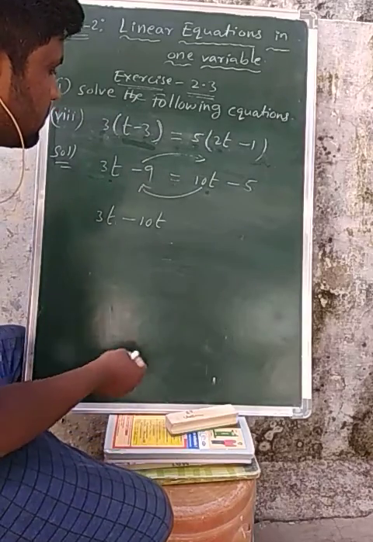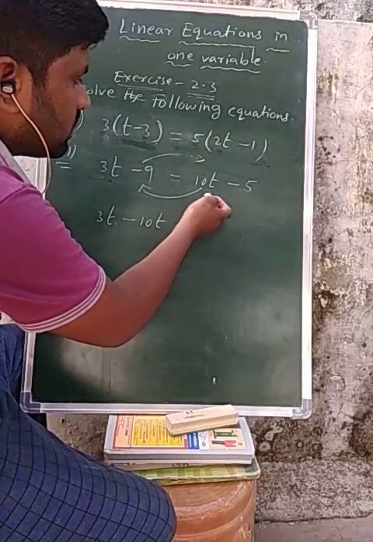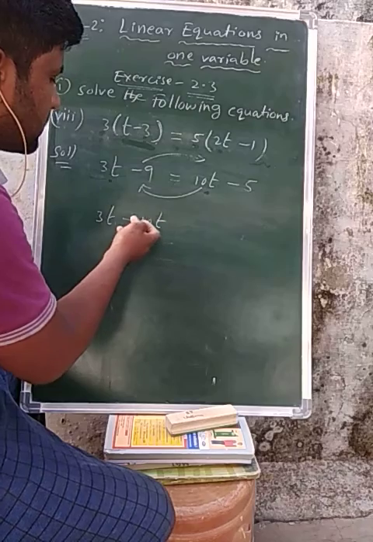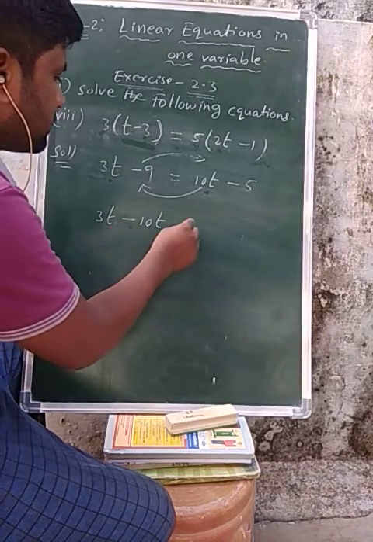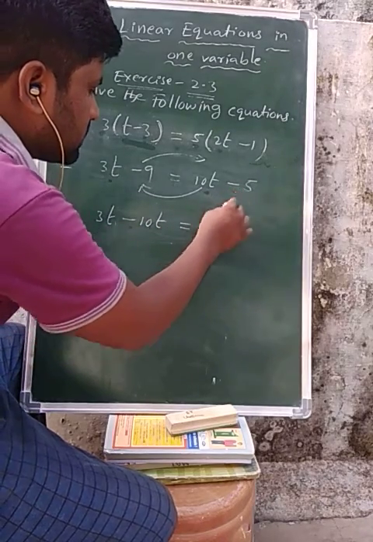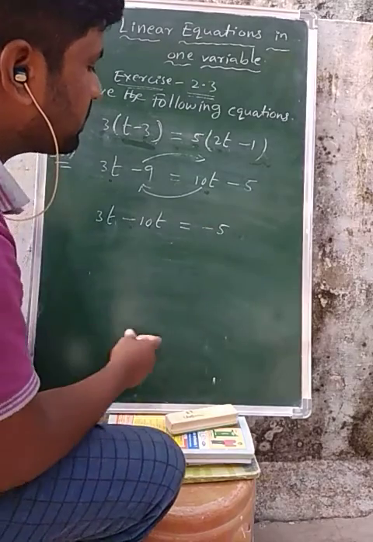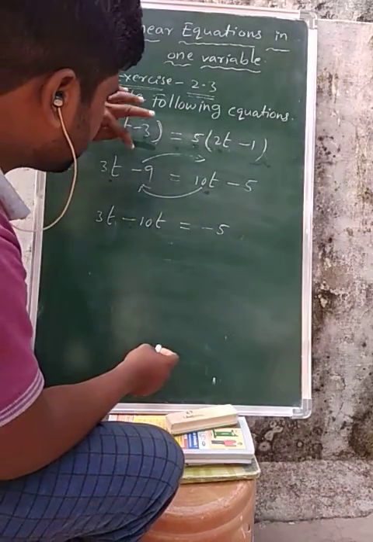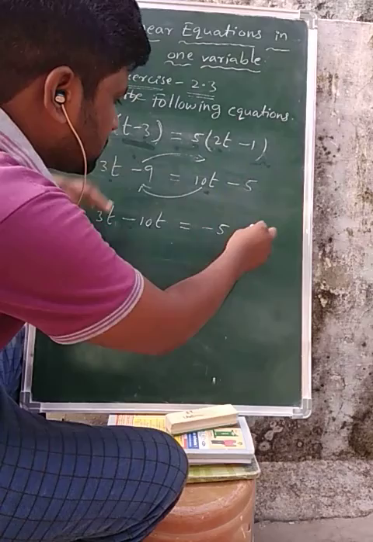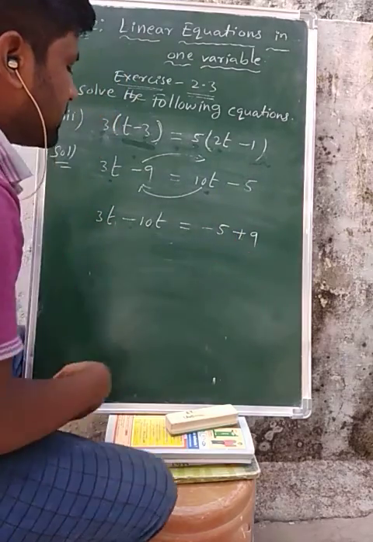Students, I just transposed 10t from RHS to LHS, it becomes minus 10t, and is equal to minus 5 on this side. I transposed minus 9 from LHS to RHS, it becomes plus 9.